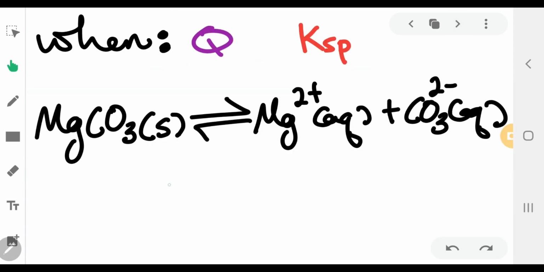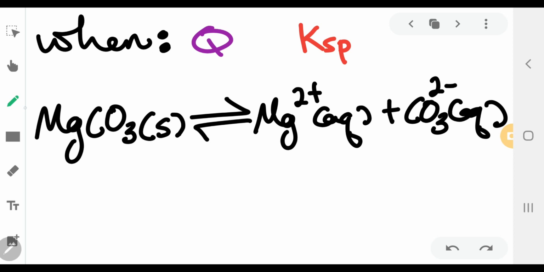Let's say we have this equation of the slightly soluble salts in front of your screen. On your left side, you would have the solid of the salts, and on the right side, you would have the ionic species in the aqueous phases.